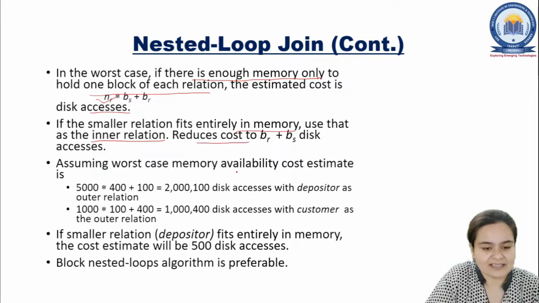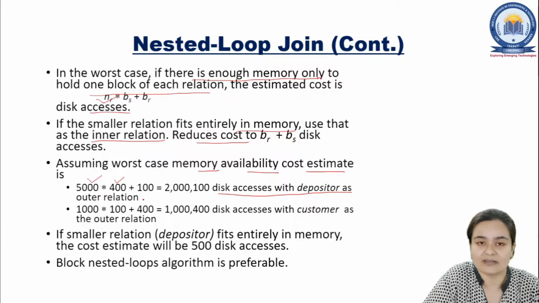In the worst case, the cost estimate will be 5,000 into 400 plus 100, so it will be 20,100 disk accesses with depositor considered as the outer relation.